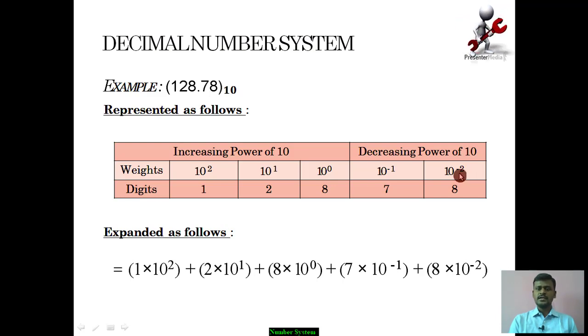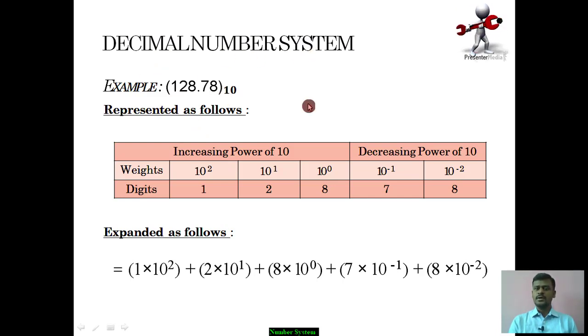You can clearly see here 10 raised to minus 2. So these are the weights assigned for these digits. So these are called assignments of weights to the digits of decimal numbers.